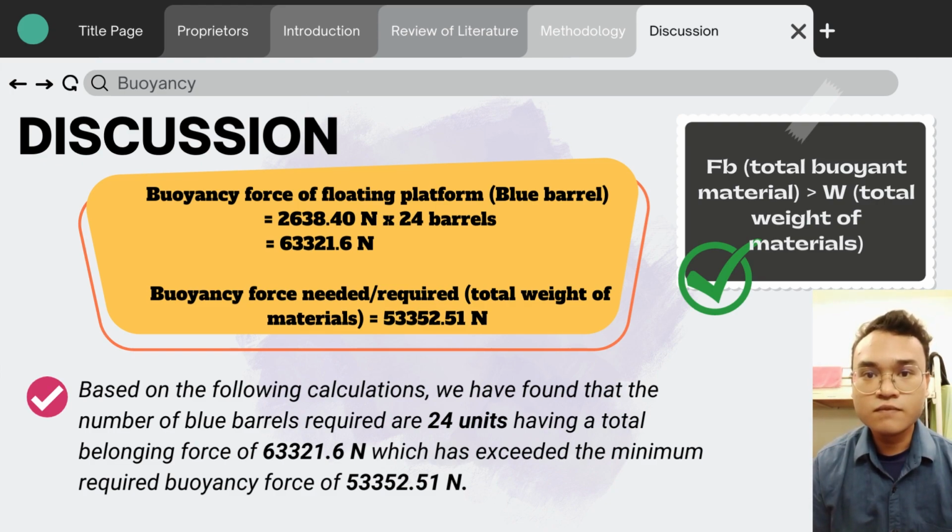Based on this data, we can conclude that our raft house design can float and support our total weight of materials. Therefore, this satisfies the buoyancy principle, in which FB, the total buoyant force, must exceed W, the total weight of materials.